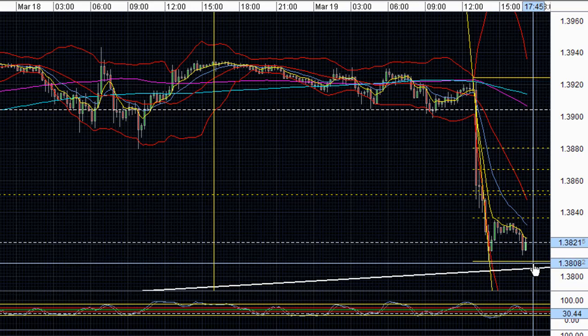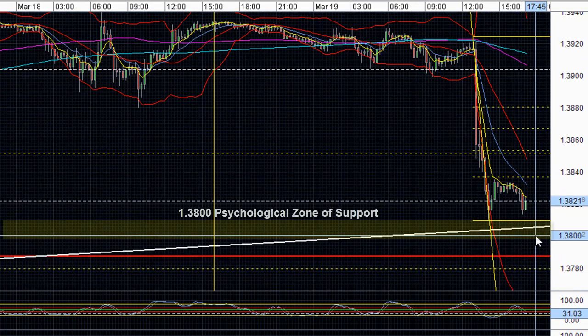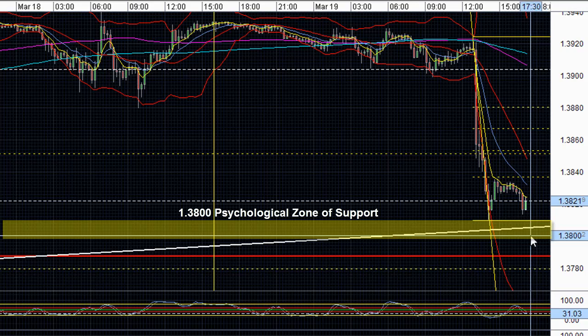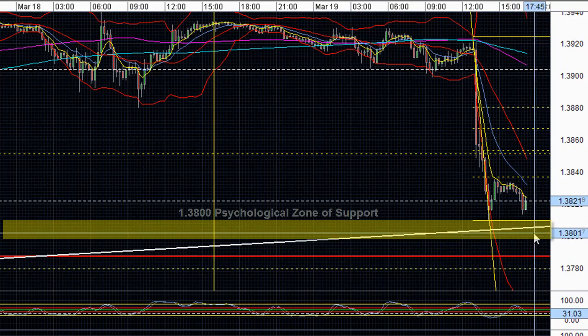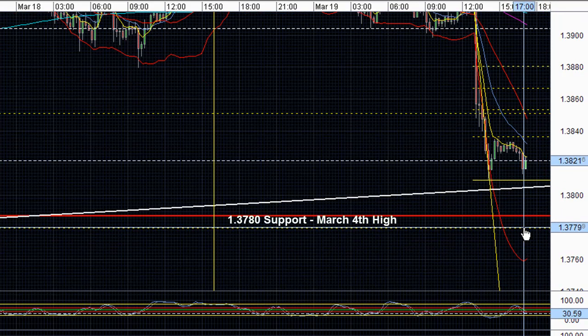This zone right here between 3810 and our 3800 psychological level, because we still have the 3800 psychological level to break through as well. So if price breaks below this zone of support here, then our next approaching support would be around the 3780 level, or 3782, which is our March 4th high.